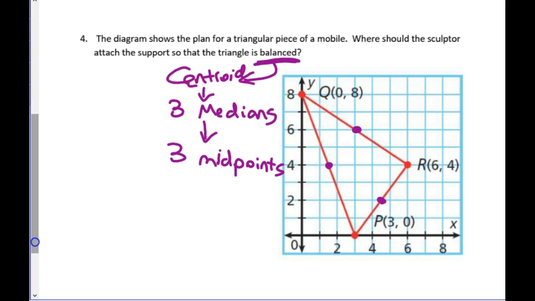Now, can you make straight lines using your protractor from vertex to midpoint? So here's a median right here. Here's a median right here. Here's a median right here. Do you see the point of concurrency where they all cross? Okay, centroid is that point of concurrency.